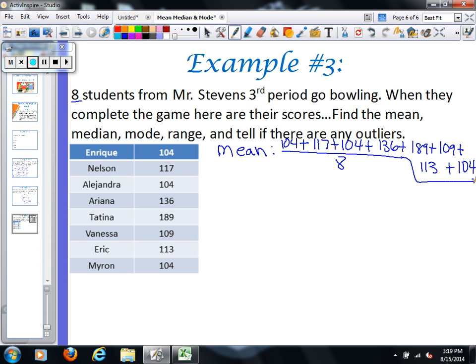That's 976. I'm going to divide that by 8. And I get that the average score, or the mean score, is 122.